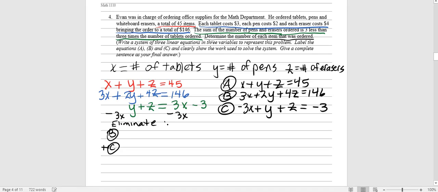So that's why I'm going to choose to eliminate x first. Someone else may choose to eliminate y first. Another person may choose to eliminate z first. The choice is really yours.